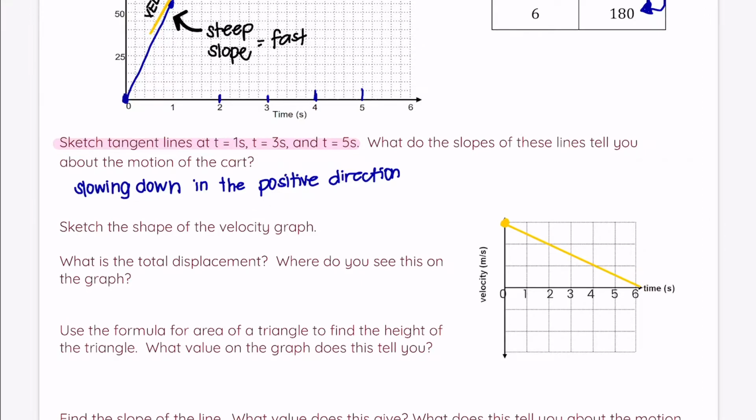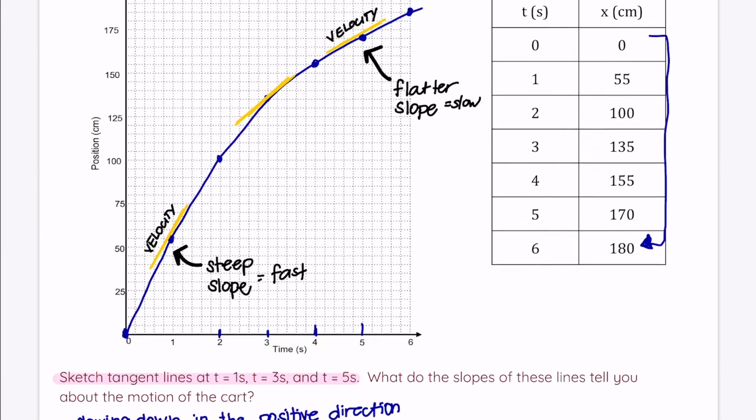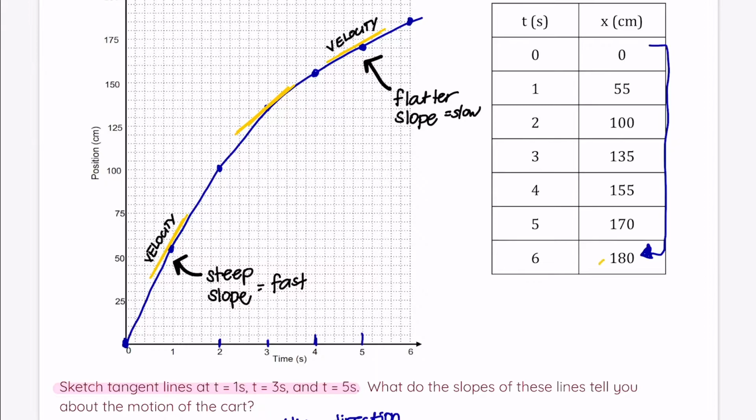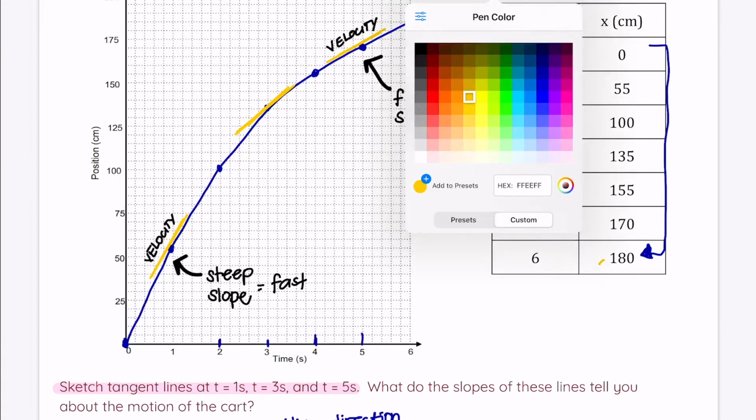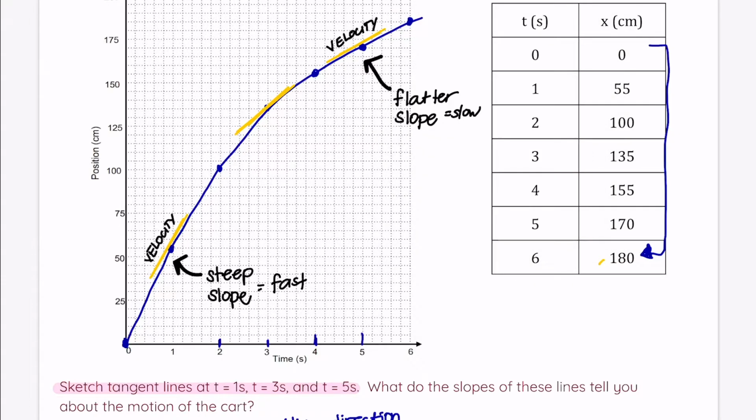Okay, and so the total displacement for this, we would take a look at our position time graph. So this tells us that is the final position, and this is our initial position.